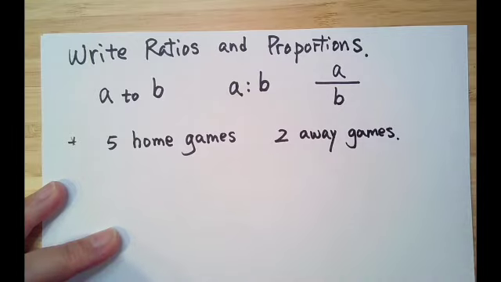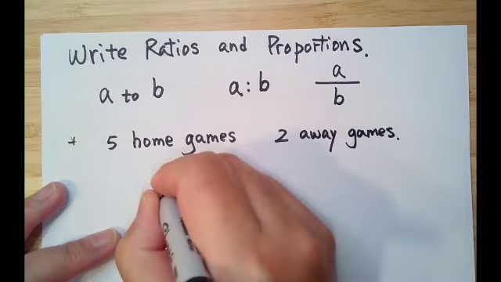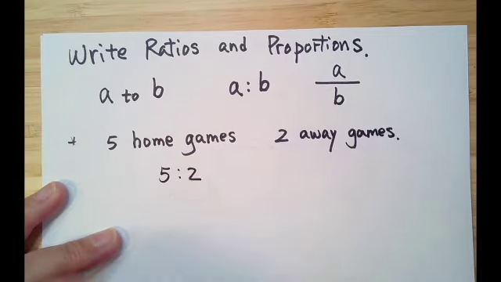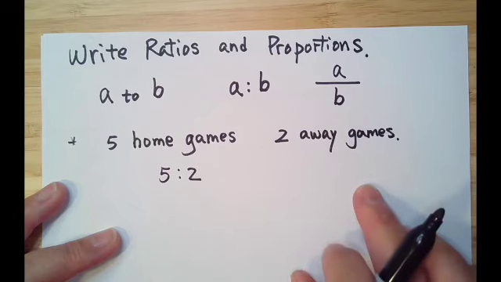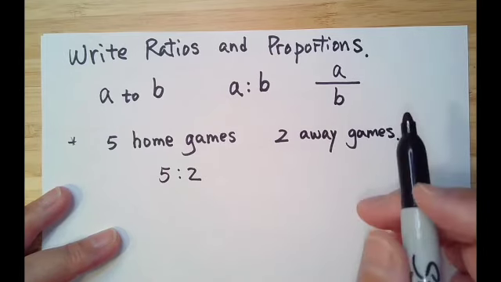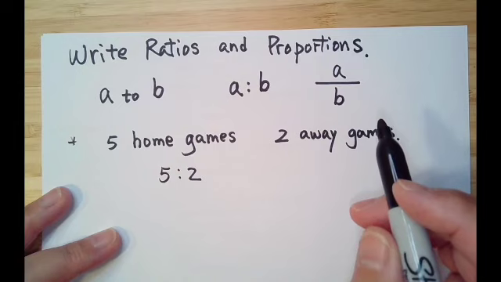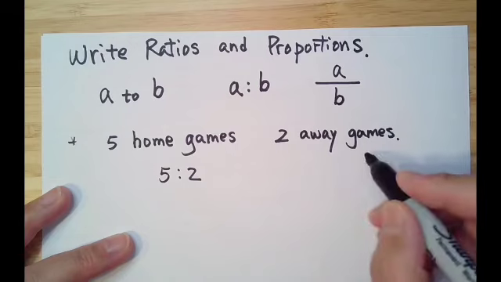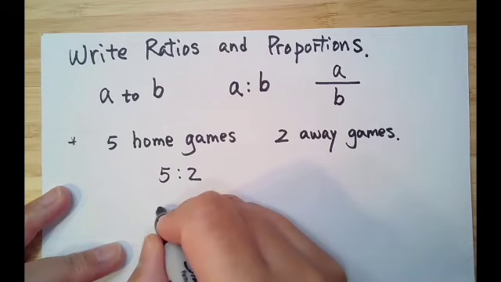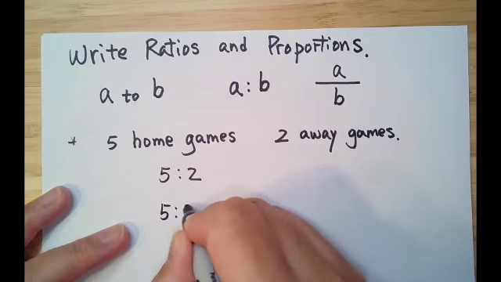So if I ask you, what is the ratio of home games to away games? That will be 5 to 2. Okay, so home game to away game, home game to away game. All right. Now, what is the ratio of a home game to all games? So altogether, he played 7 games. So home game to all games.